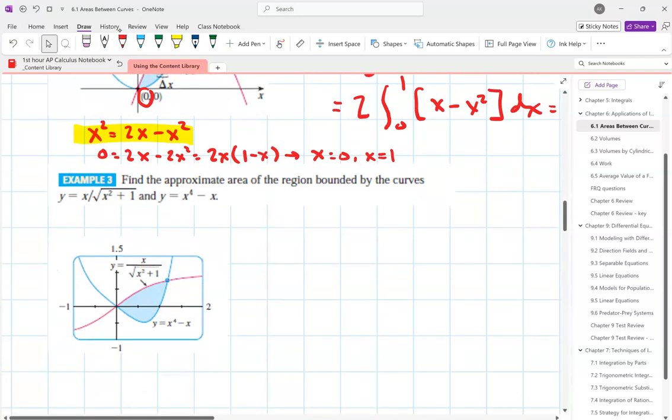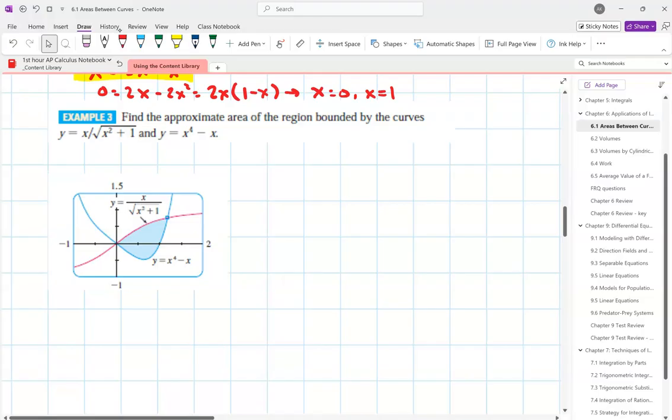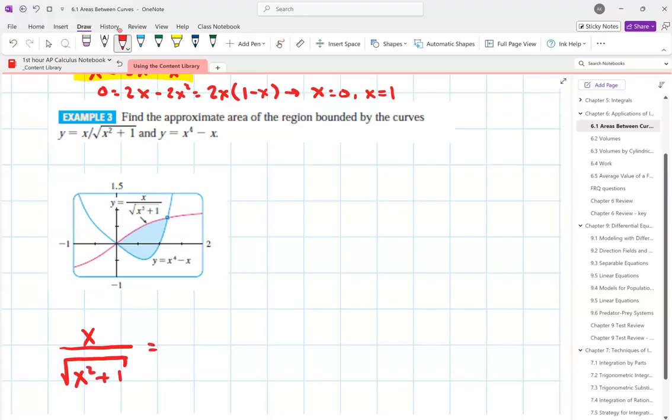The region bounded between the curves x over the square root of x squared plus 1, and then y equals x to the 4th minus x. Notice that we're not given the points of intersection. Now 1 is trivial to see, right? Just by looking at the picture. What's one of the solutions? It seems like it's 0, right?